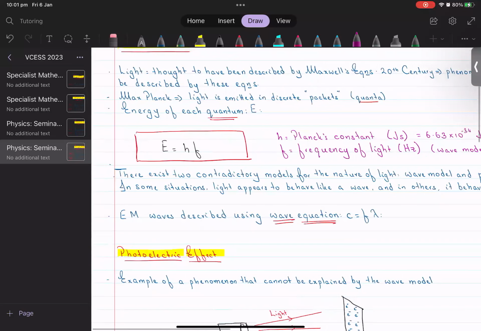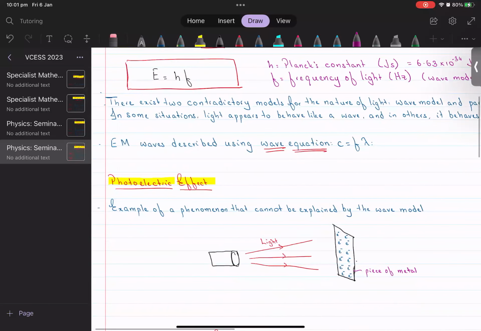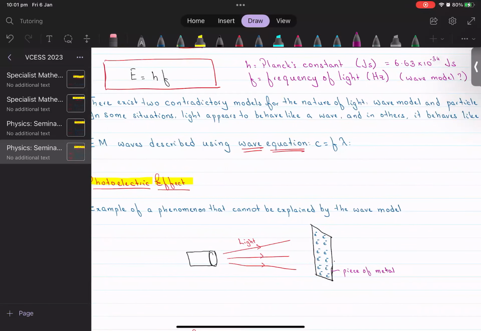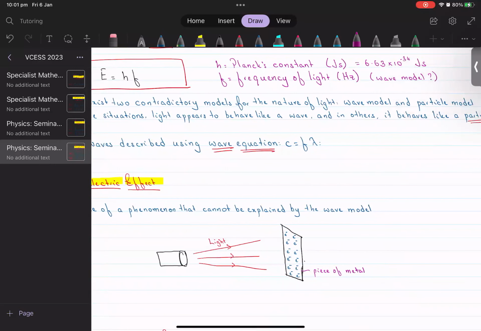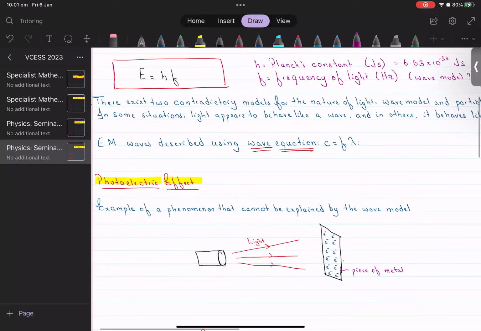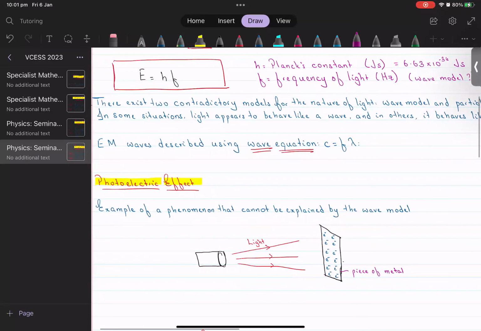As I mentioned before, there exist two contradictory models for the nature of light. Here we've assumed the wave one, just for the purpose of this equation. There's the wave model, which I've just described, and there's also the particle model. In some situations, light appears to behave like a wave, and in some others, it behaves like a particle. We will see examples of those two in a second.